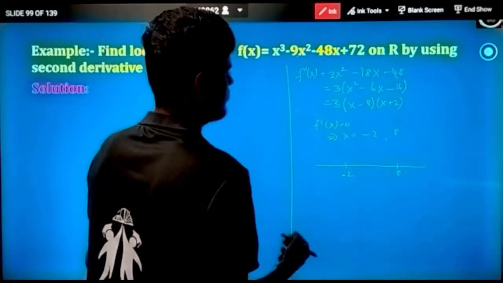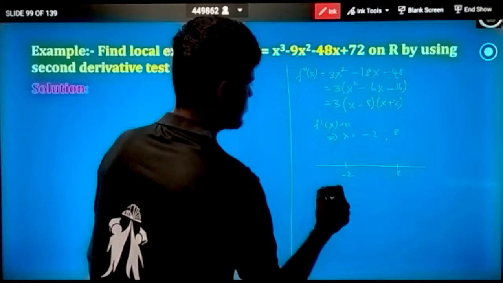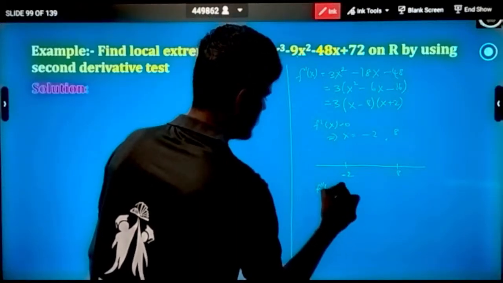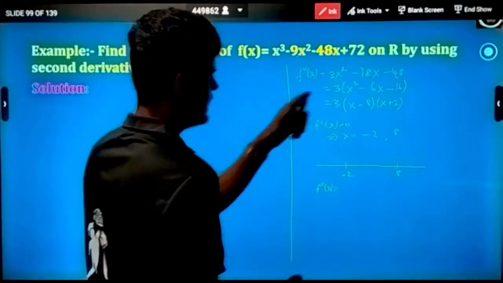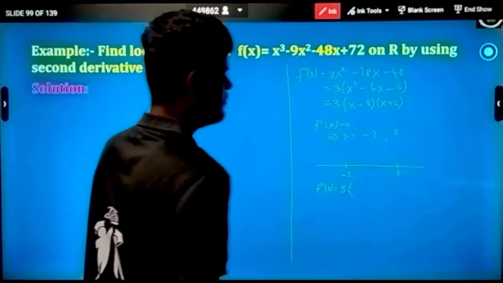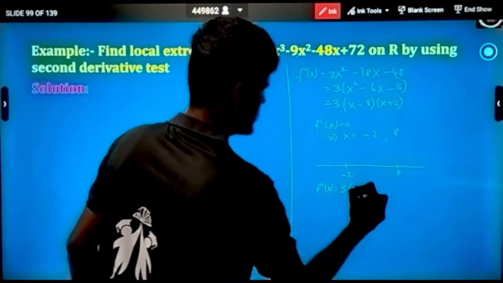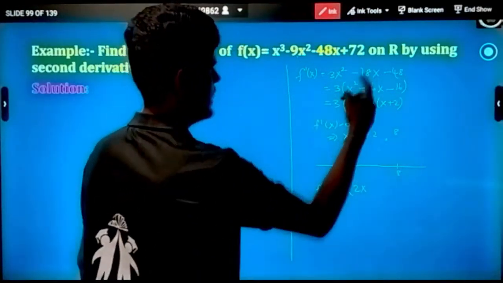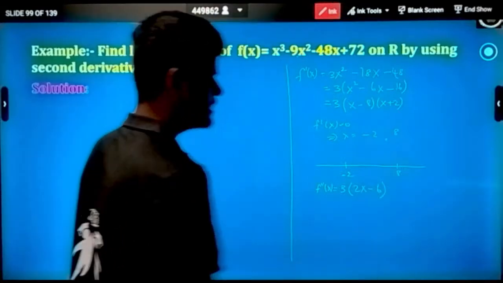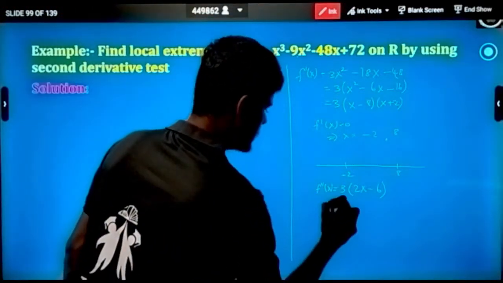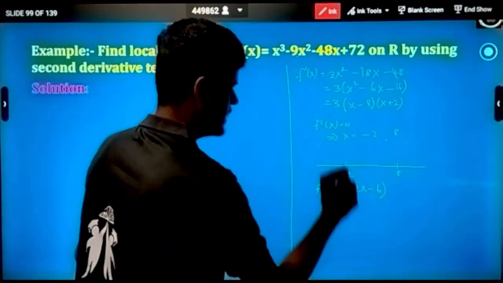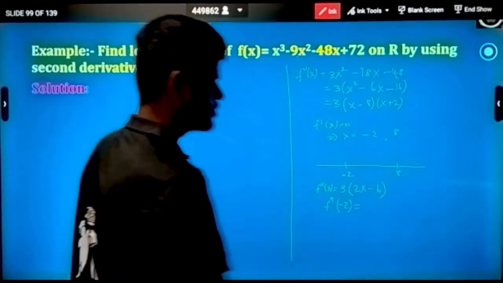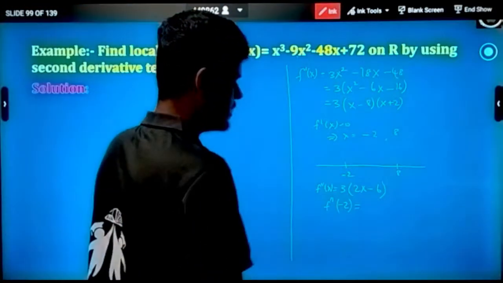Find f double dash of x. F double dash of x will be 3 times of 2x minus 6. Now f double dash at minus 2 will be a negative number.